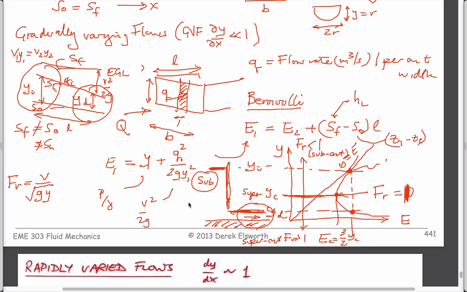So what we'll do today, since we're still really talking about gradually varying flows, GVFs, is talk about how to use this diagram to do the things we've just talked about. Basically we're trying to explain why the fluid might choose to reorganize itself in two different ways, upstream and downstream, because it has this extra degree of freedom, which is the free surface, which defines how deep it is.